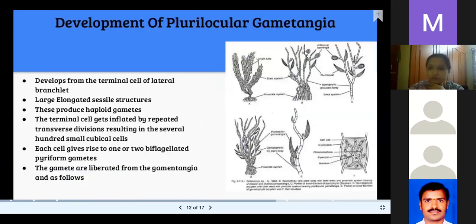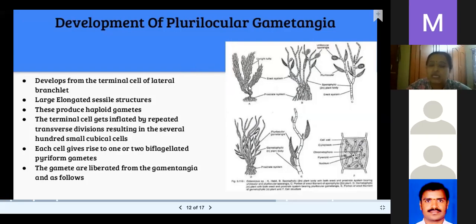1 second, ma. See here, one is development here, where the sexual plurilocular gametangia develops from the terminal cells or lateral bractlet. This one is a very long elongated cell structure.